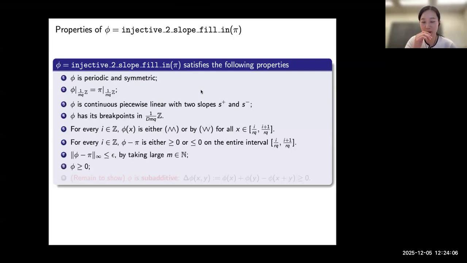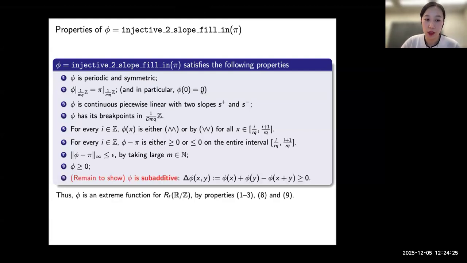And because we can take the refined grid so small, the difference between phi, the new function, and the original function pi can be made arbitrarily small. As a result, the new function is non-negative. So what remains is to show that the new function is subadditive.